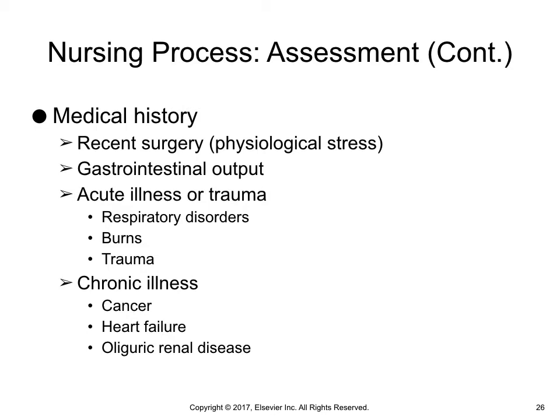In addition, patients with cancer are at risk for fluid and electrolyte imbalances as a result of the side effects of chemotherapy, such as anorexia or diarrhea, response modifiers, or radiation. Patients who have chronic heart failure have diminished cardiac output, which reduces kidney perfusion and activates the renin-angiotensin-aldosterone system.